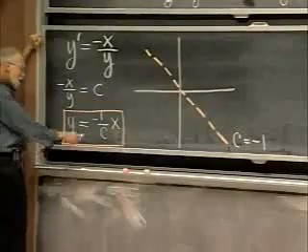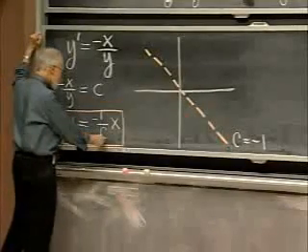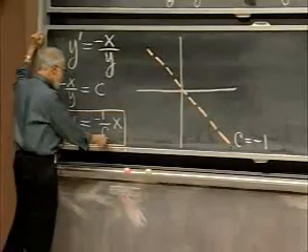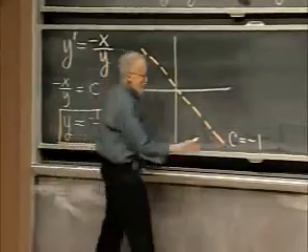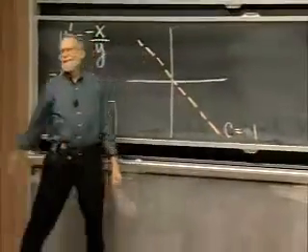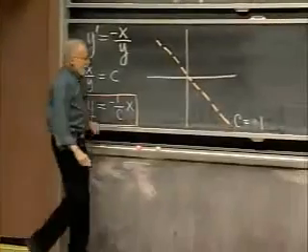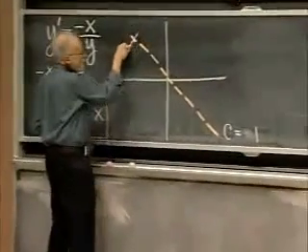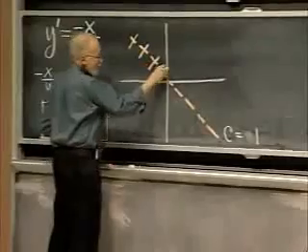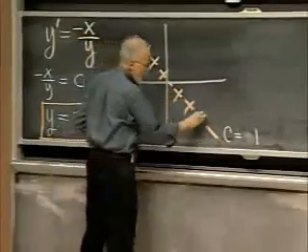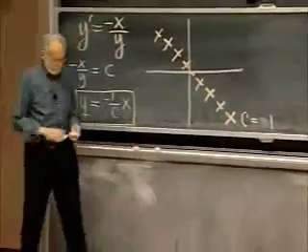I'm sorry? C is equal to 1, not negative 1. Right. Thanks. So C equals 1, so it should be little line segments of slope 1 that will be the line elements, things of slope 1.